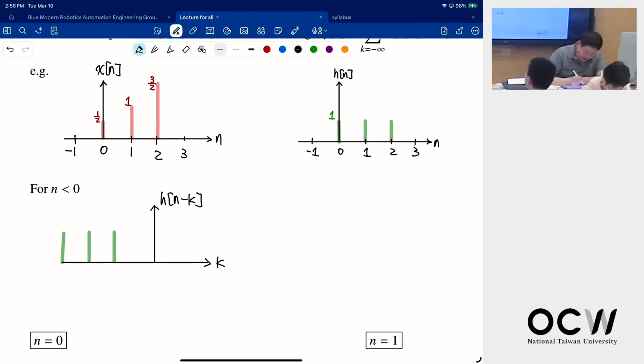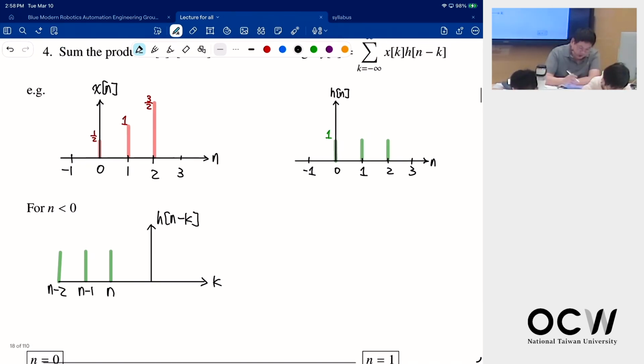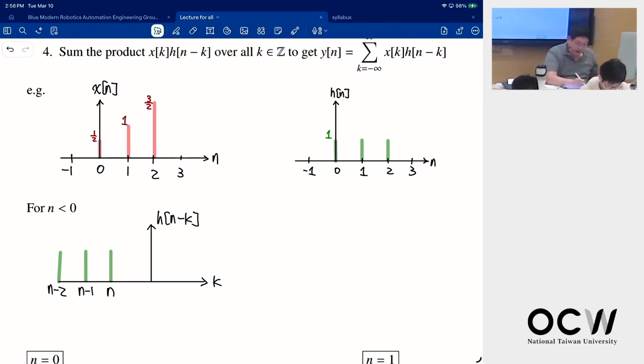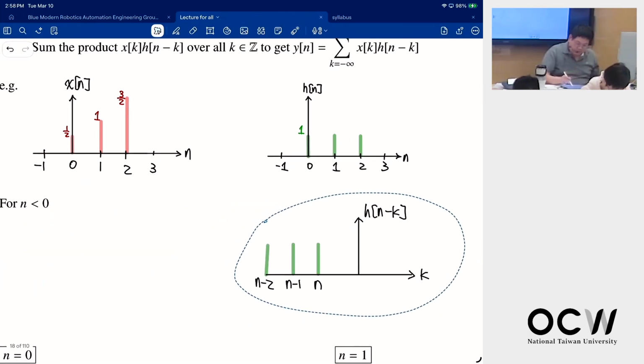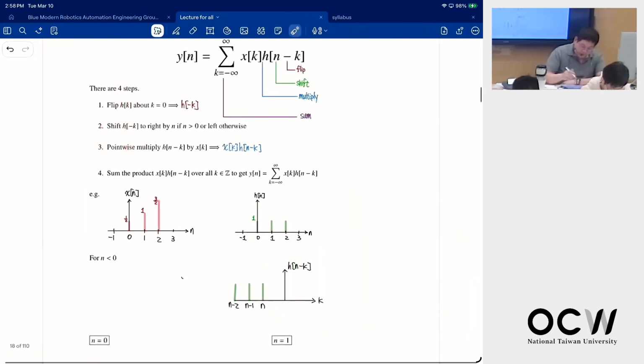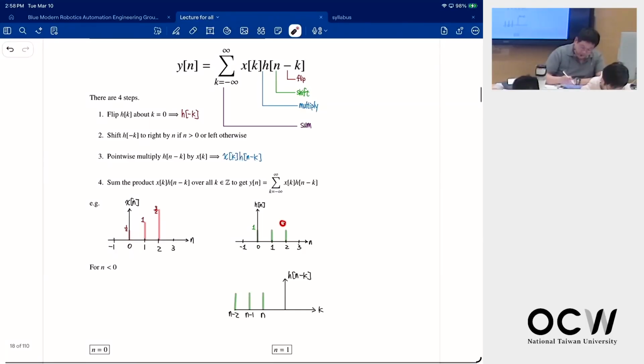Suppose this is n, here's n minus 1, n minus 2. I think maybe it is better to move to here. So we flipped and also shifted.